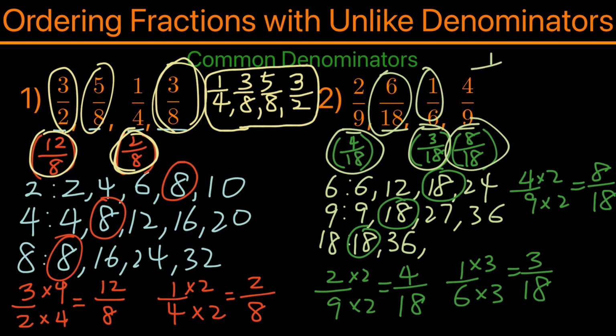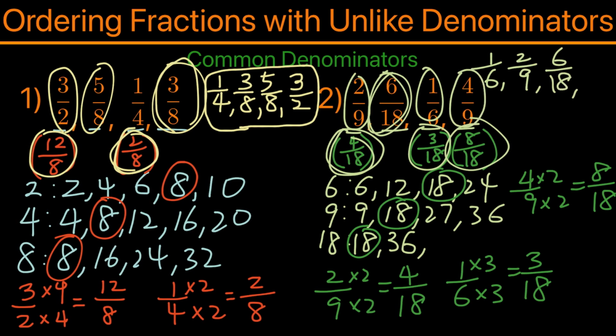So we're going to put 1 over 6. Next would be 4 over 18, which is 2 over 9. And the third would be 6 over 18. And last would be 8 over 18, which is 4 over 9. And this would be the final answer.